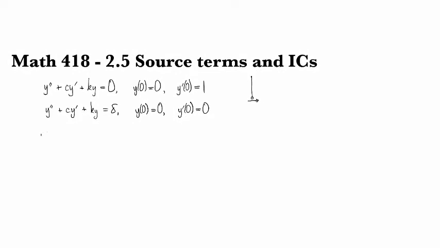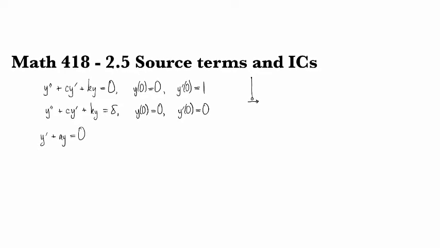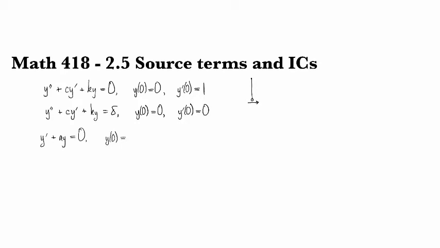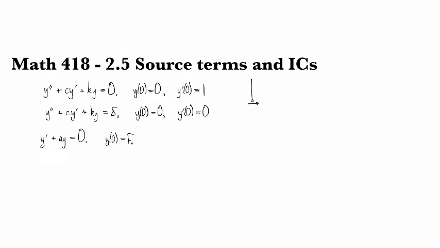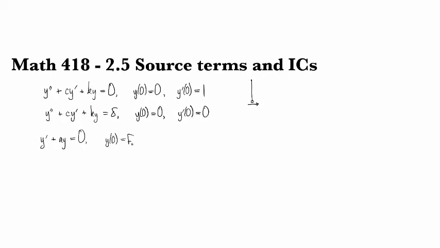Suppose we have y prime plus ay equals 0. Now we're just looking at a first order initial value problem, and we'll take y of 0 to be f naught, specifying what we want for our initial value. This is the equation for a standard population growth model, or actually rather a decay model.